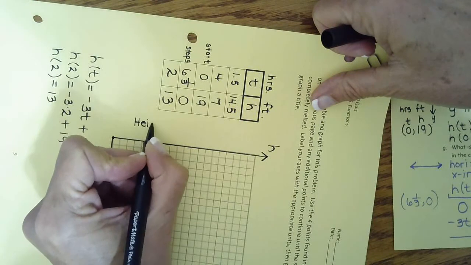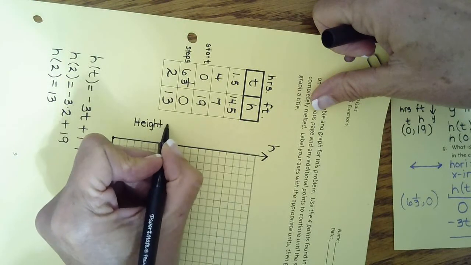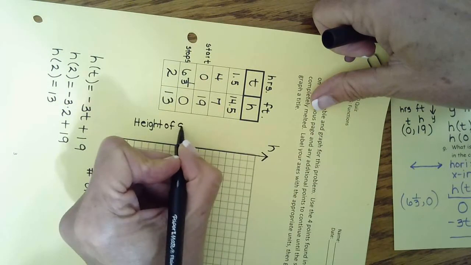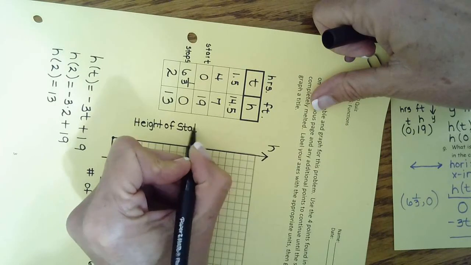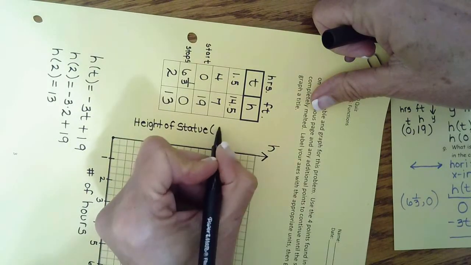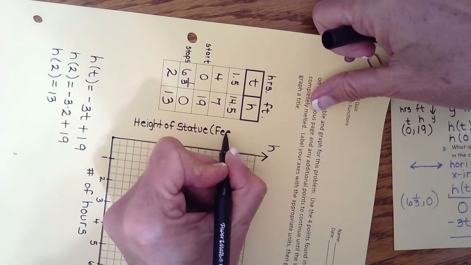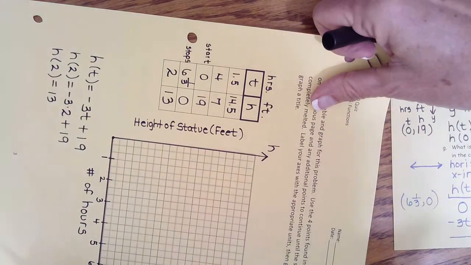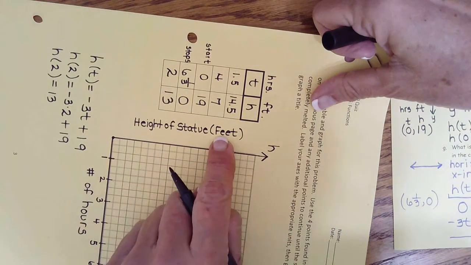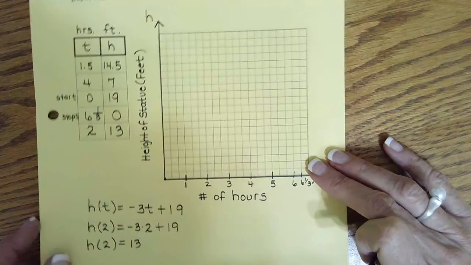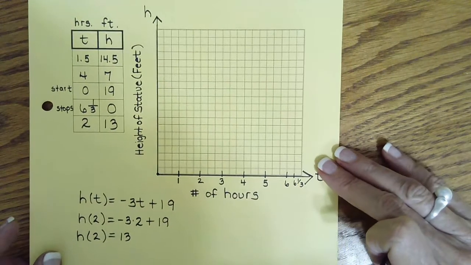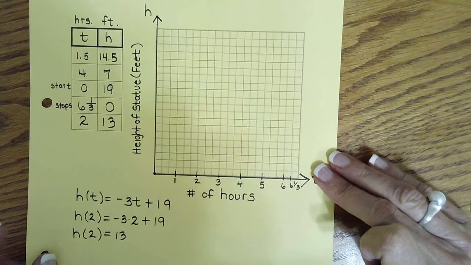Height of statue. And then we have to let the reader know what the units are, so just put feet there in parentheses. Here we told them it was hours, here we're telling them it's feet. So the height is in feet. Okay, and we're set.